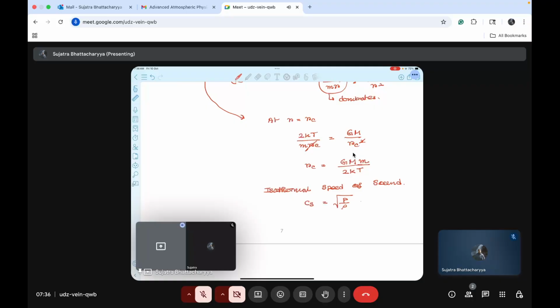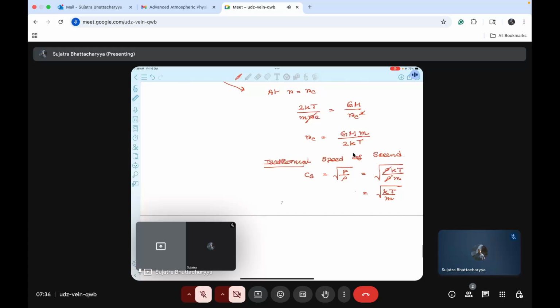So this is isothermal, that's why it is root over P by rho. This is a simple expression you can easily get. Thermodynamically, we can write P as rho kT by m, so rho cancels and it becomes root over kT by m. So Cs, the isothermal speed of sound, is this.